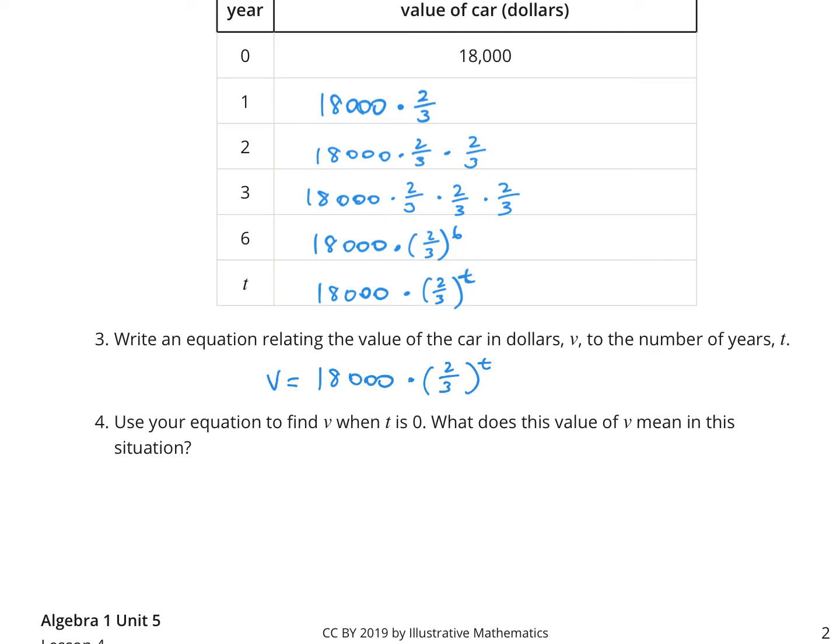And then last but not least, it says use your equation to find V when T is 0. What does this mean? So last lesson we talked about what happens when you raise a number to the 0 power. Well, we know that anything raised to the 0 power is just equal to 1. So we're just doing 18,000 times 1, which is 18,000.